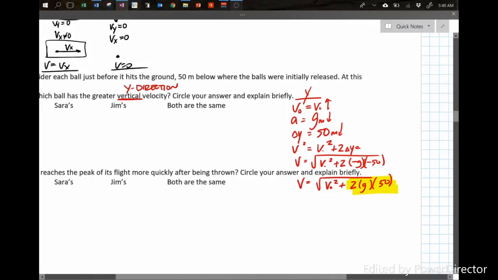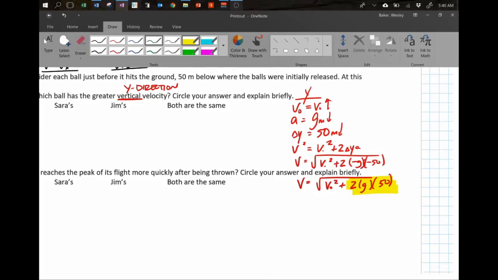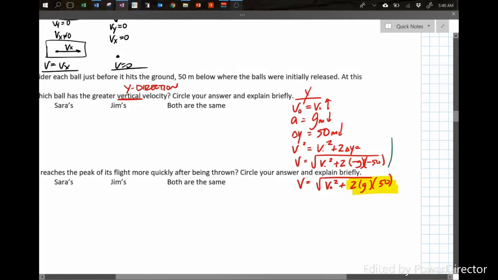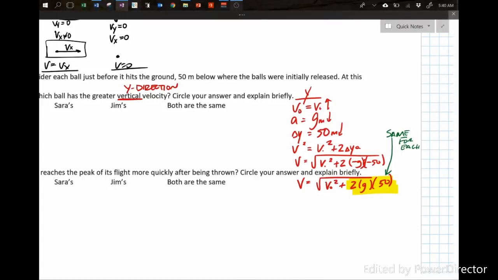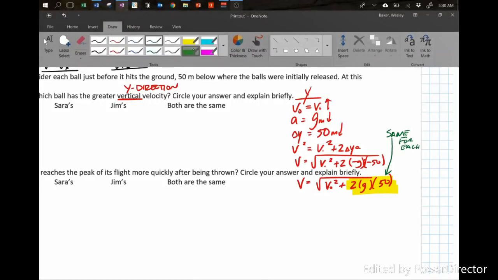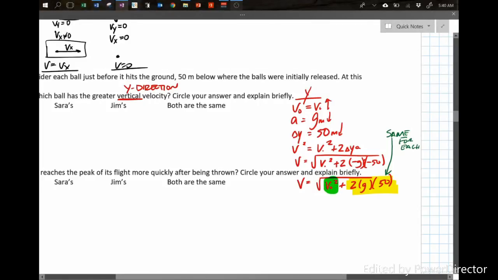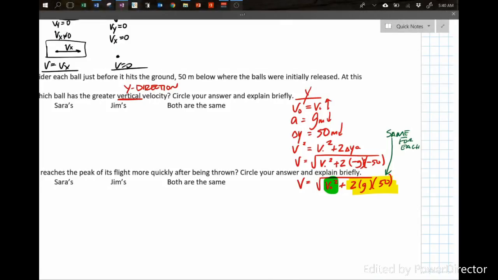This part, because each ball falls with the same acceleration and each ball falls the same distance, is the same for each. So I'm not concerned with that contribution. So what really matters is the initial velocity in the y direction.